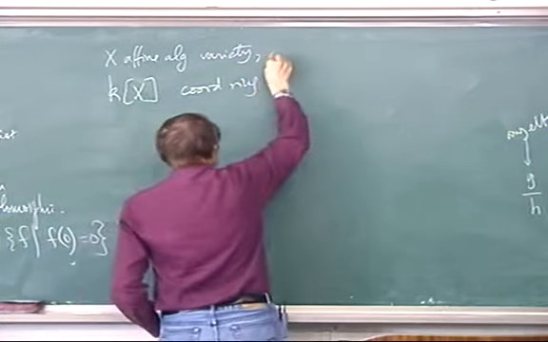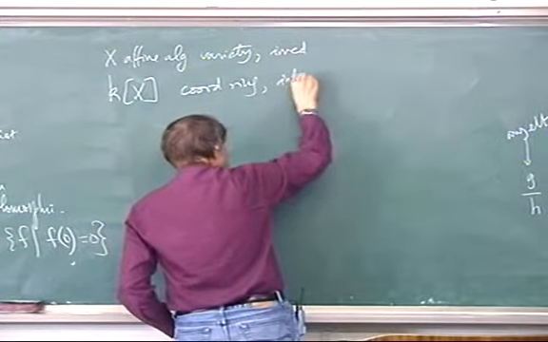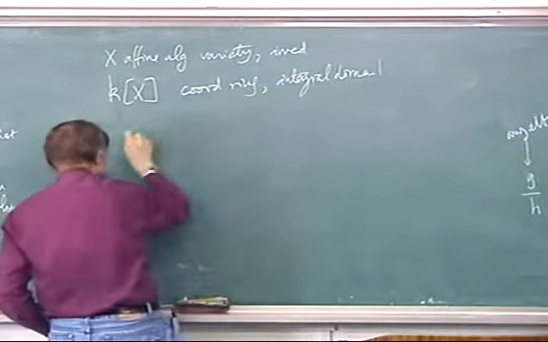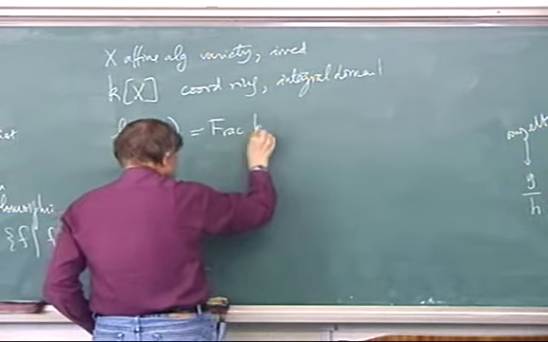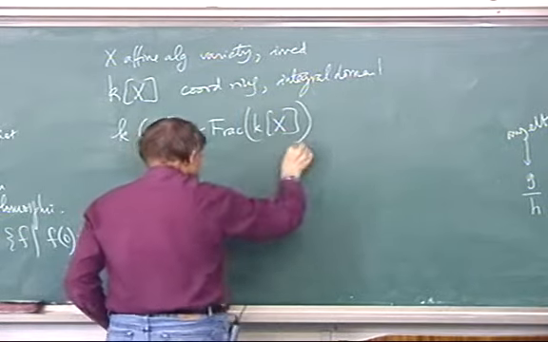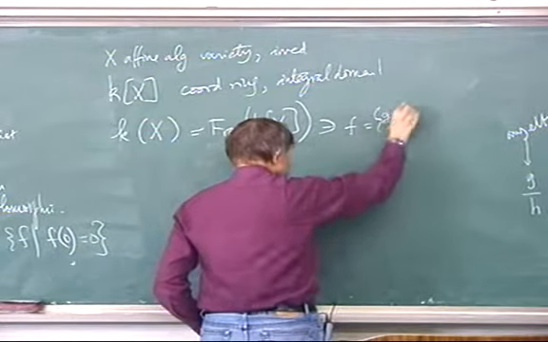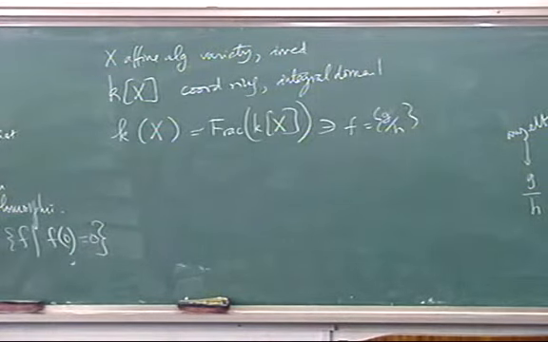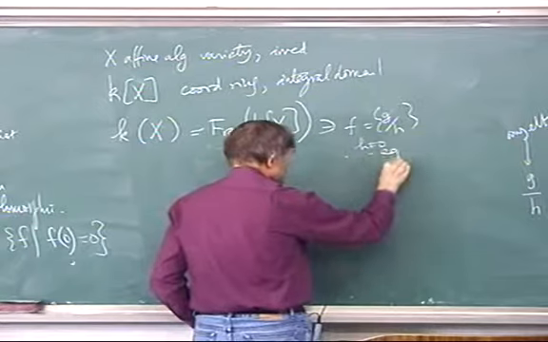I'm assuming this is irreducible, so this is an integral domain. Right, and so we defined K(X) to be Frac K[X]. An element in there is f = g/h, and we worry about g/h being only an equivalence relation, but for any given point we can always make a choice. Here I insist that h is not equal to 0.